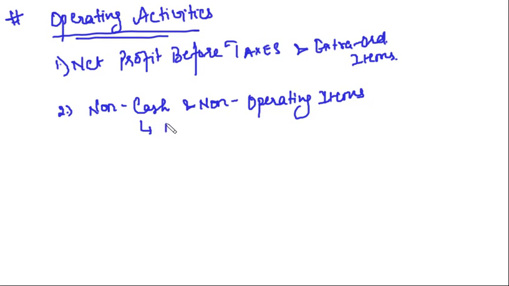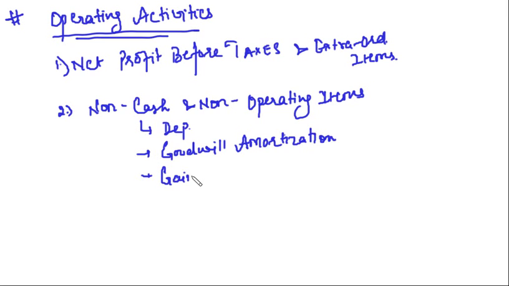Examples of this are depreciation, goodwill amortization, then gain or loss on sale of fixed assets. Clear? So these are the non-cash and non-operating items.